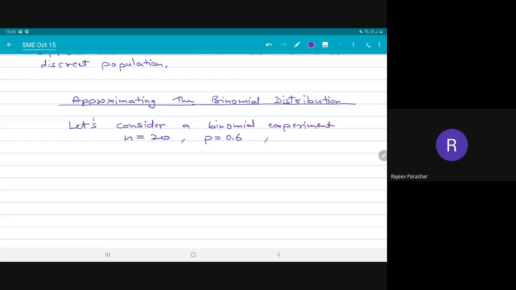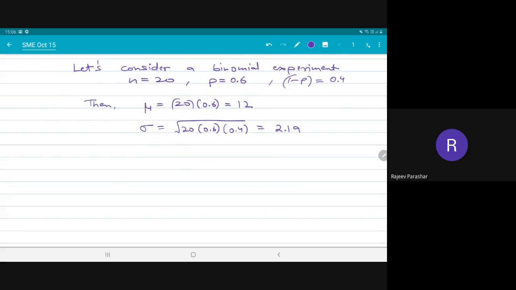So we have probability of failure at 0.4. The mean of the binomial distribution then is n into p, which comes out to be 12, and the standard deviation is square root of n into probability of success of a trial into probability of failure of a trial. This will come out to be 2.19.